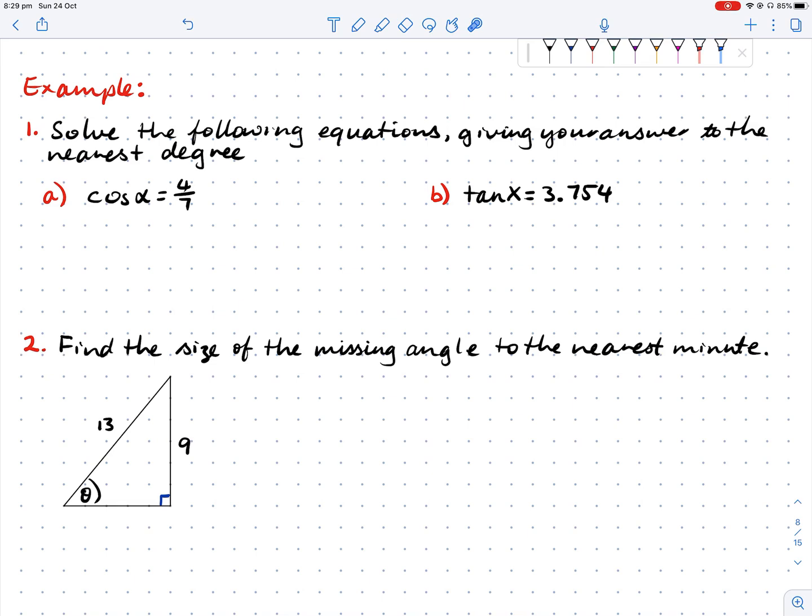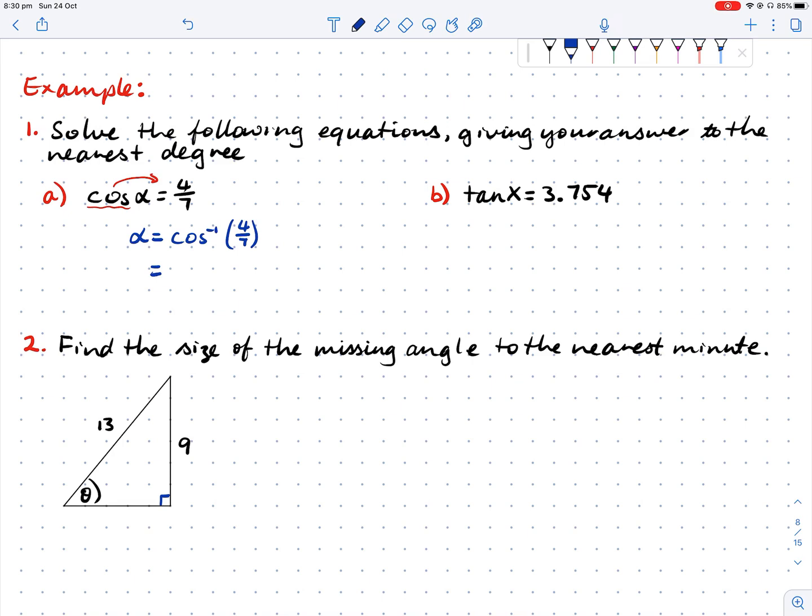So if I've been given cos of alpha, that's the Greek letter alpha, is equal to 4 over 7, that's your adjacent over hypotenuse, that's your fraction, then if I want to find alpha, it's kind of like undoing the cosine, but when you undo cosine, it's cos minus 1. And then we can put this in brackets, 4 over 7.